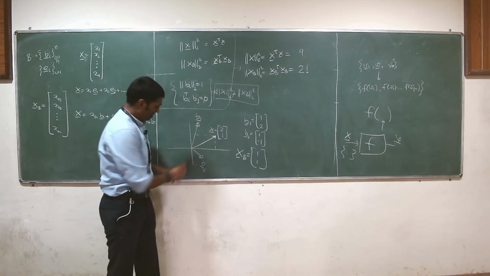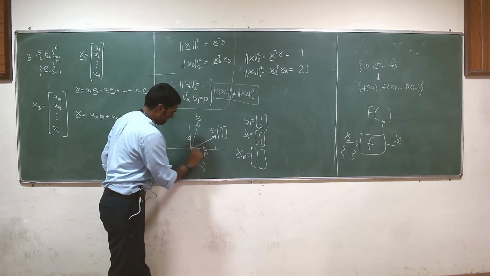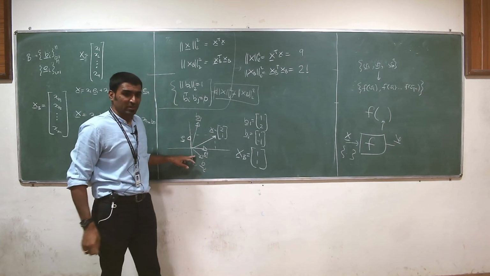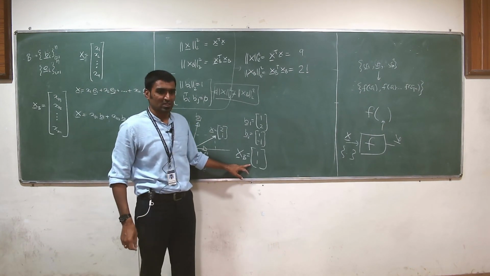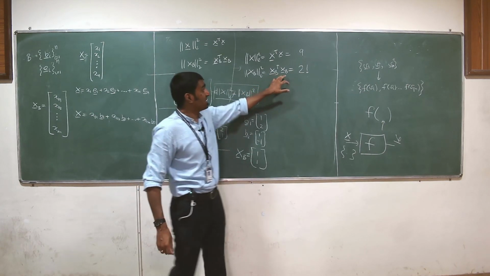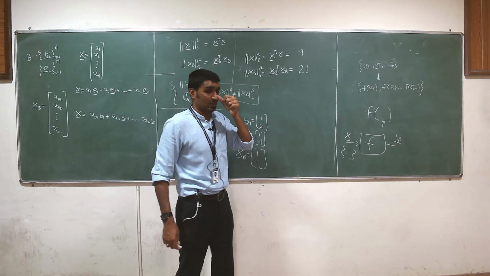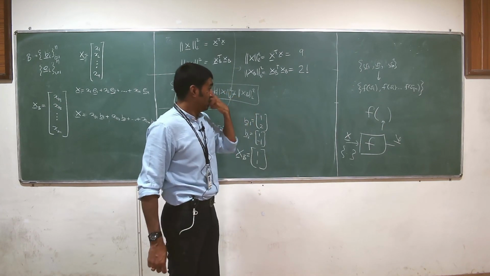When we switched from the standard basis to the B basis, we found this representation. And when we try to compute the length of the vector by doing the standard inner product, we get a different length.